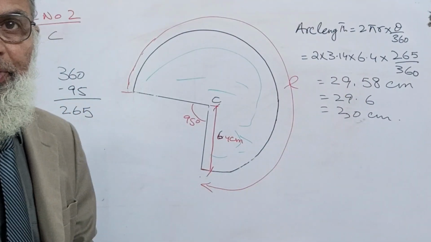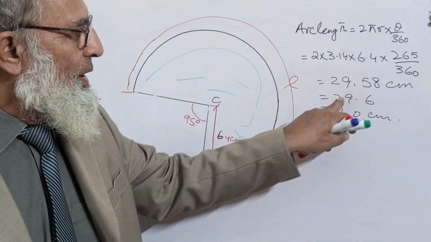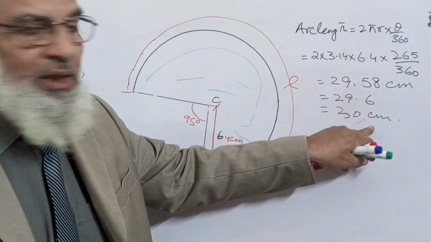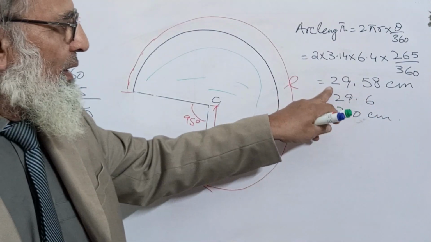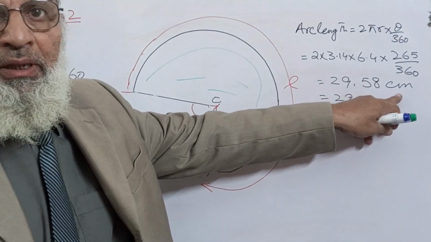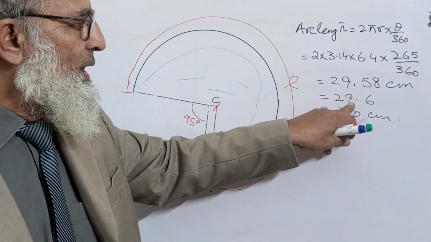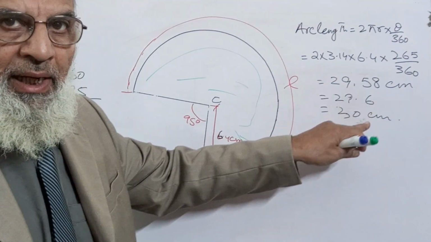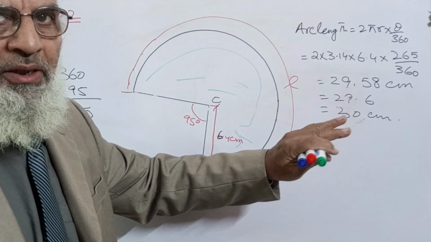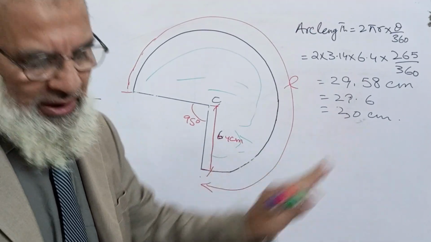I have already told you about the rounding. 29.6 centimeter is the correct answer. The very correct answer is 29.58 centimeter, and the rounded answer is 29.6 centimeter. And if someone says you for the significant figures, it will be 30 centimeters.